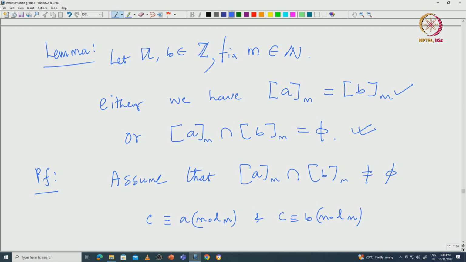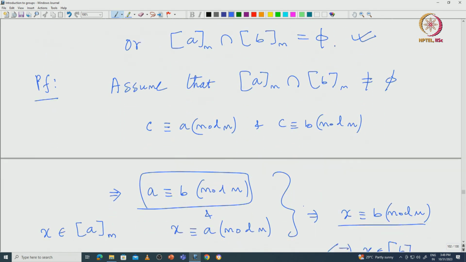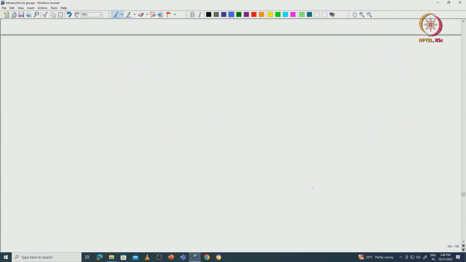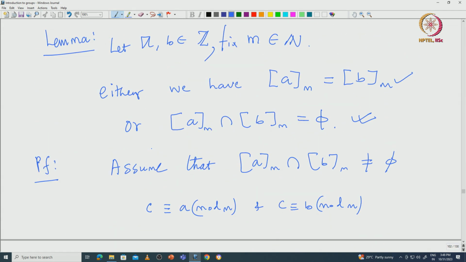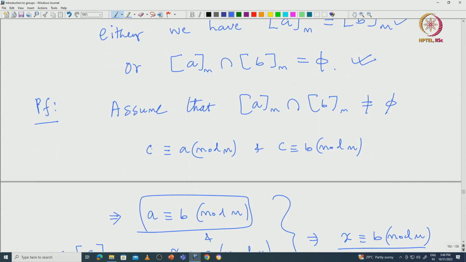Okay. So, now what we can do is write Z as a union of all those residue classes, because we can simply take a from Z itself. Now, if you think about it using that earlier lemma, the sets [a]_m are either equal or their intersection is empty.